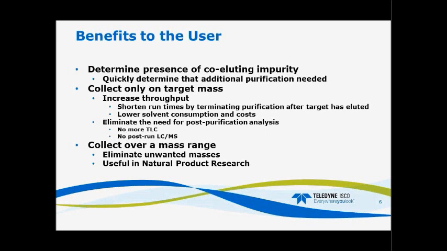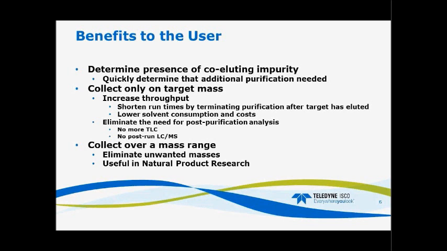Secondly, we talked about this just a minute ago, is eliminating the need for post-purification analysis. Another thing is if you're doing natural products research, you can program the system to collect over a mass range.